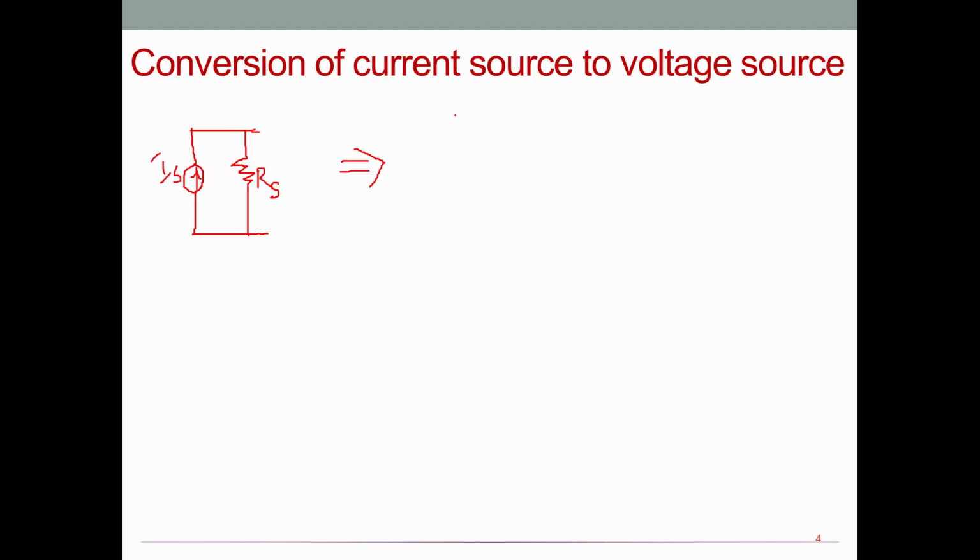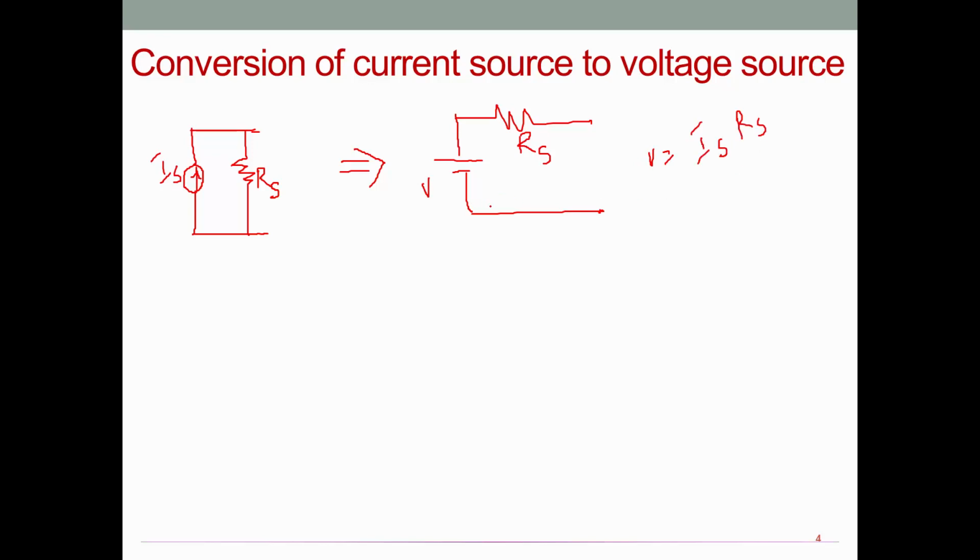A voltage source is always with a series resistor. Let me take this as a voltage source. For the resistance, you can blindly copy the resistance which is provided in the current source, RS. I want to find out this voltage source value, where V may be calculated as IS into RS.